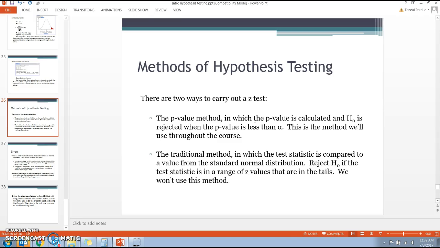I think that's harder, I think it's more work, and it's not really used in the real world as much. So we're just going to stick with the p-value method. For us, it's just going to be reject H-naught if the p-value is less than alpha. You may see the traditional method in your textbook or some other places, but don't worry about that. We'll just use p-values.